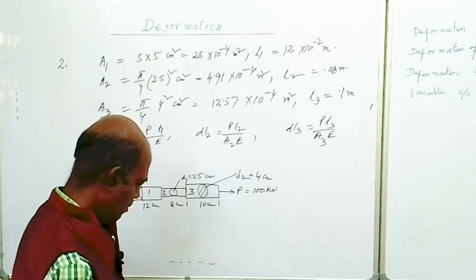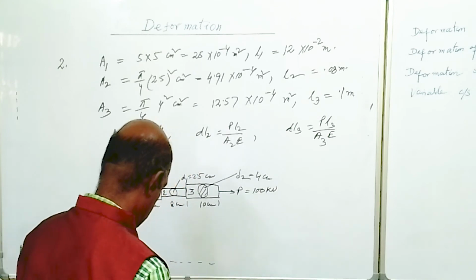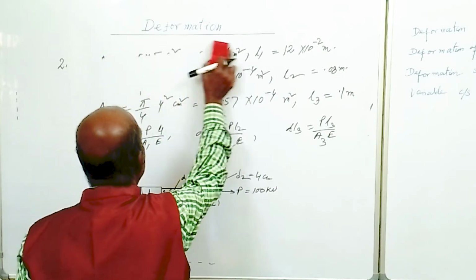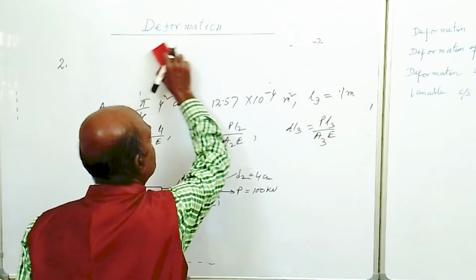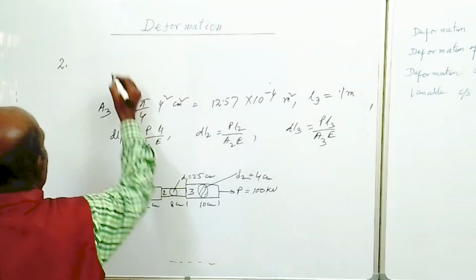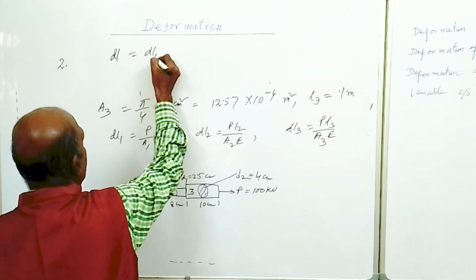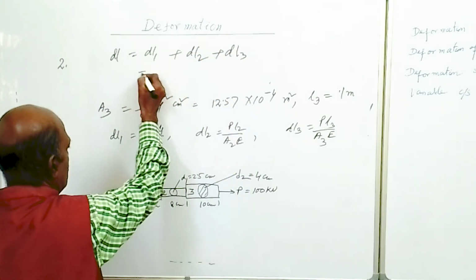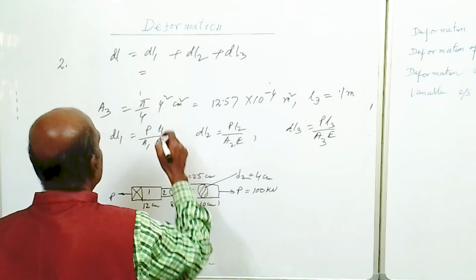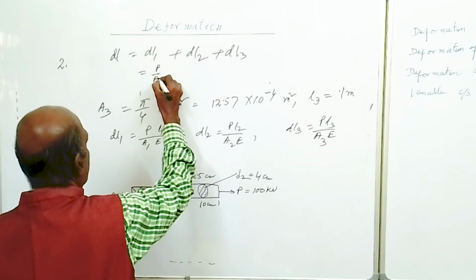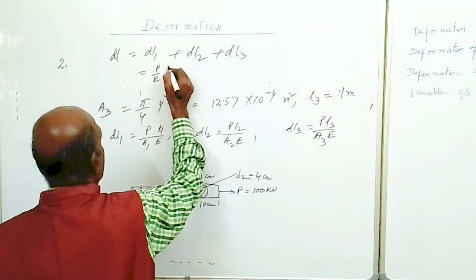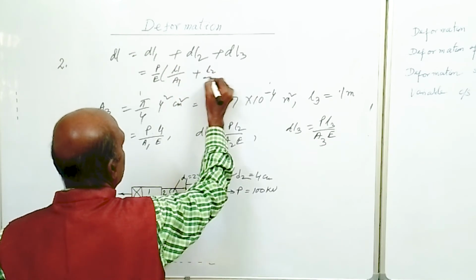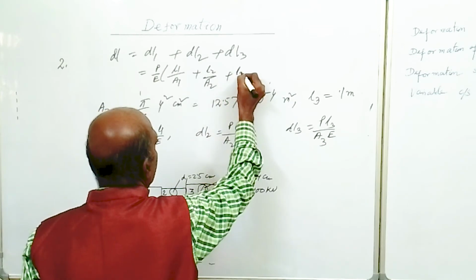So, if you substitute these values, we can find dL equal to dL1 plus dL2 plus dL3, that is, dL is given by P by E, which remains the same, into L1 by A1 plus L2 by A2 plus L3 by A3.